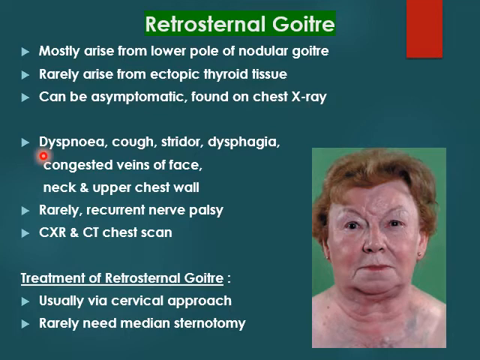Common symptoms will be dyspnea, cough, stridor, dysphagia, and congestion of the veins if there is obstruction of the thoracic inlet, especially over the neck and the upper chest wall. Rarely it causes recurrent laryngeal nerve injury, and all of these patients need a chest X-ray and CT scan of the neck and chest.